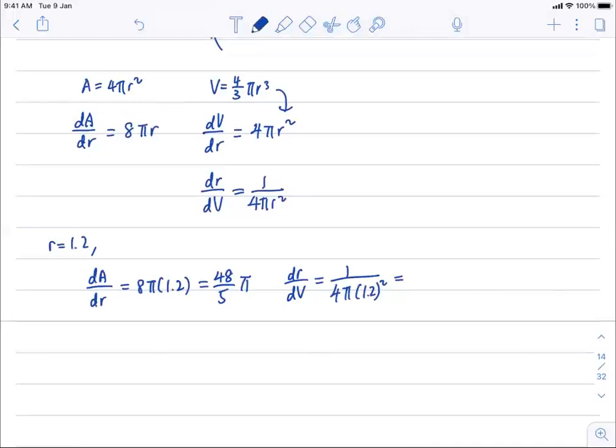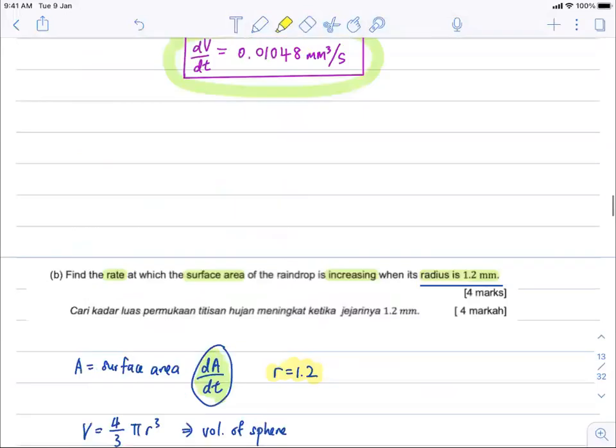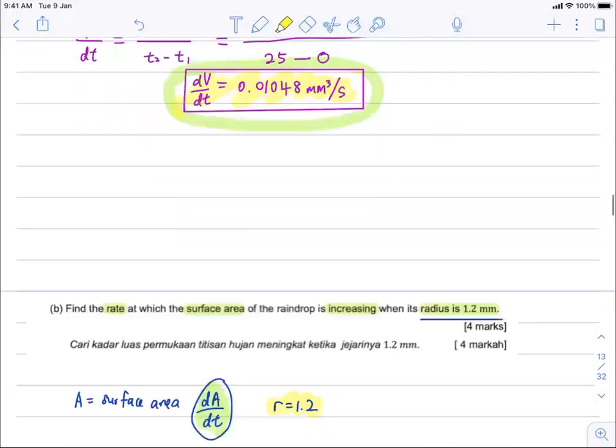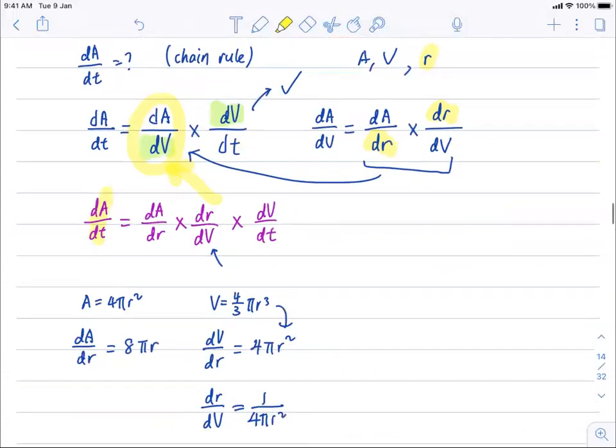We get a value 0.05526. Okay, so now we already have dA over dr, we have dr over dV, we also have dV over dt here. We can substitute all three into this equation to find dA over dt.